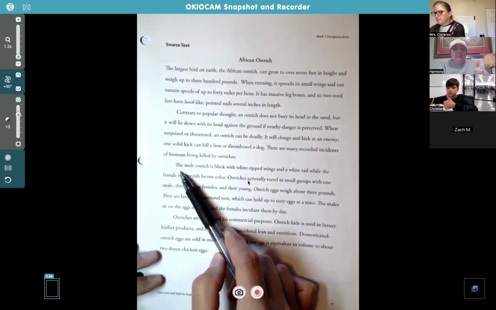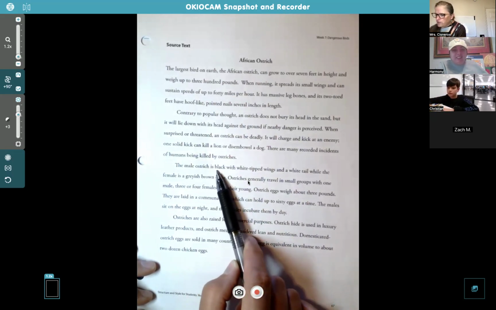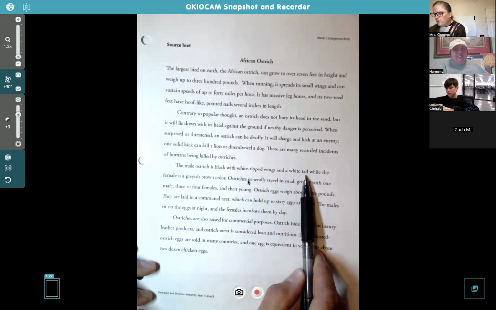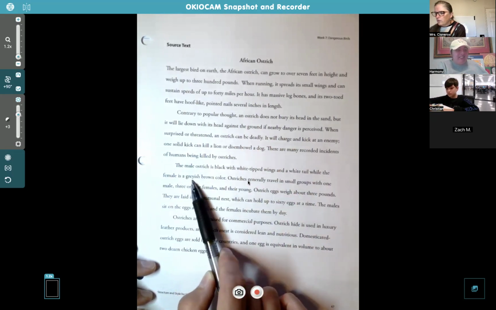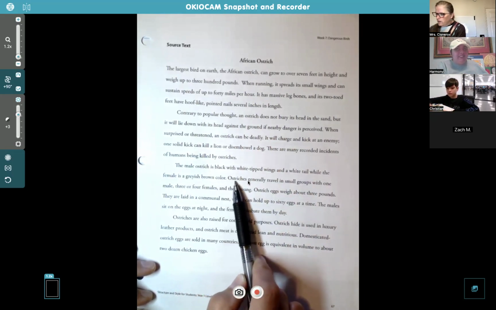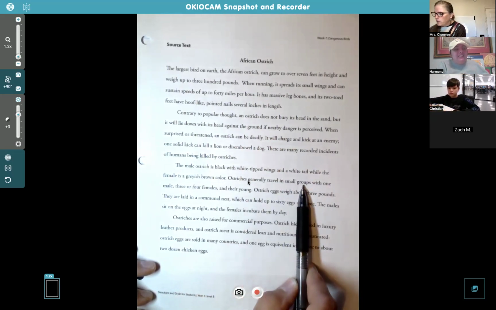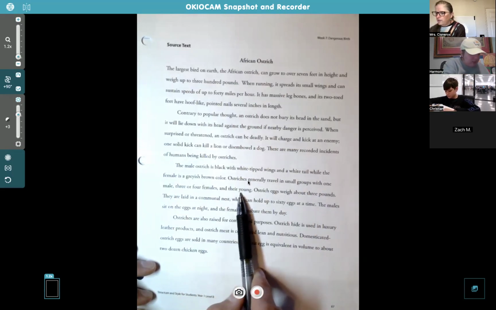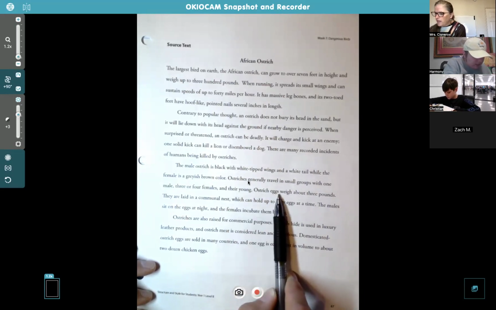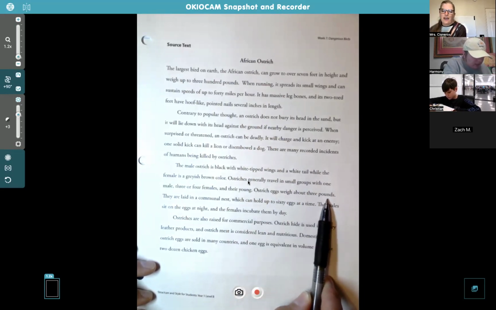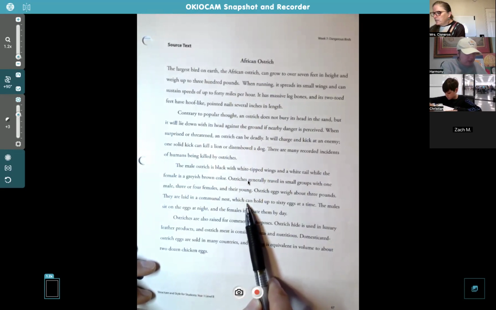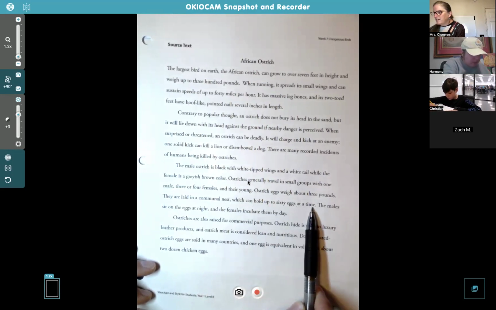Good, okay. The male ostrich is black with white tipped wings and a white tail, while the female is a grayish brown color. Ostriches generally travel in small groups with one male, 3 or 4 females, and their young. Ostrich eggs weigh about 3 pounds. Whoa, one egg. They are laid in a communal nest, which can hold up to 60 eggs at a time.